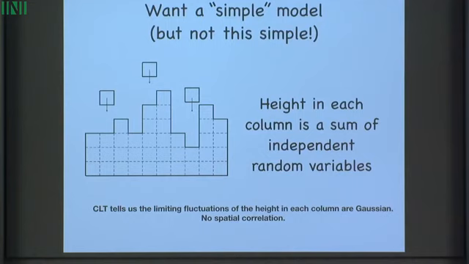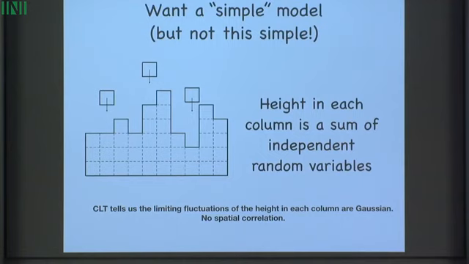So here's a simple model. It's too simple. But imagine blocks raining down independently of each other. In other words, this one coming down and these columns are independent. So if you measured the height of this column, you're just adding together a sequence of independent random variables.